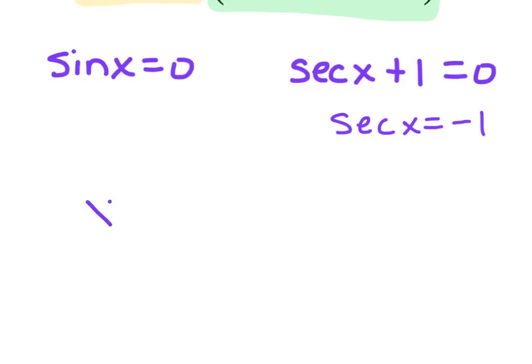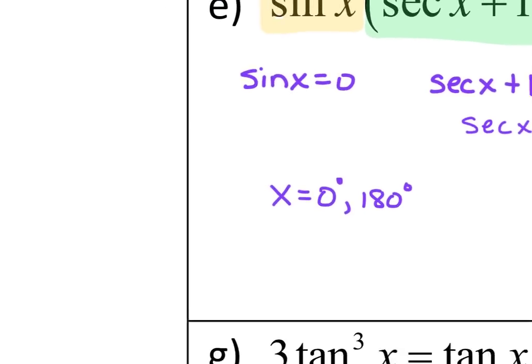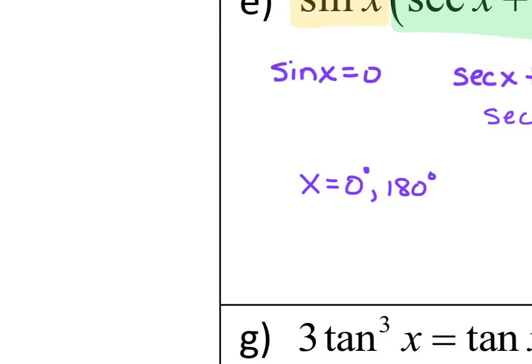Sine of x is 0 when x is 0 degrees and 180 degrees. And again, I would, on the side of my paper, maybe draw my 1s and 0s for sines and cosines and for the related functions so that you have your unit circle intersections here.